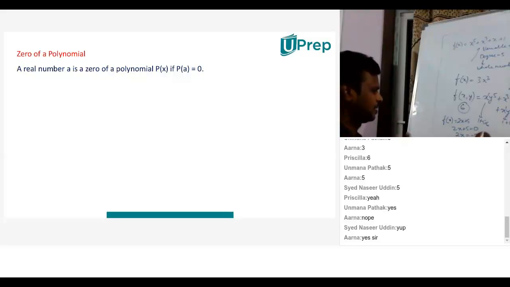This implies x is equal to minus 5 by 2. That means what? If I substitute minus 5 by 2 in this polynomial, I get the value of this polynomial as 0.